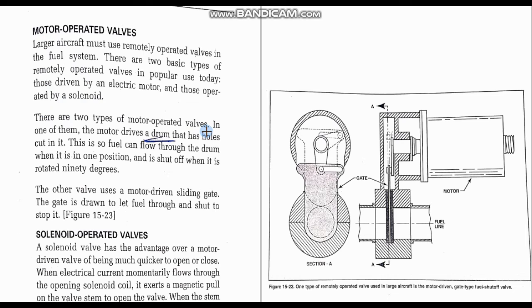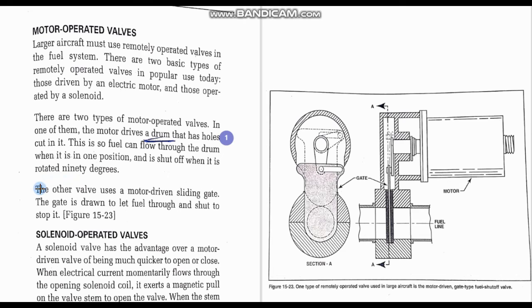And there are two types of motor operated valves, and one of them is called the motor driven drum. This is the first one, which has a hole cut in it. This is so fuel can flow through the drum when it is in one position and is shut off when it is rotated 90 degrees.